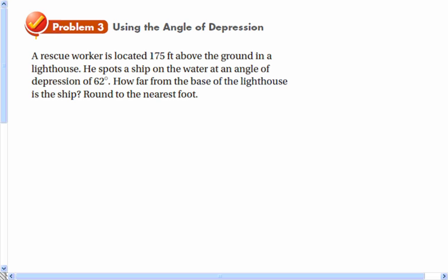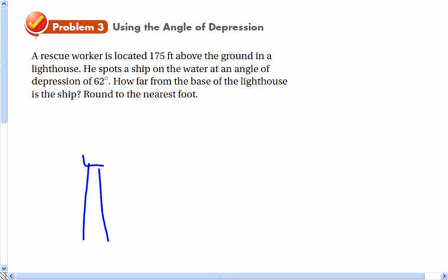All right, we can also use the angle of depression to solve problems with trigonometric ratios. So here we have a rescue worker. He's up in this lighthouse and spots a ship on the water at an angle of depression of 62 degrees. Remember that the angle of depression is the angle below a horizontal line. So just make a quick drawing.